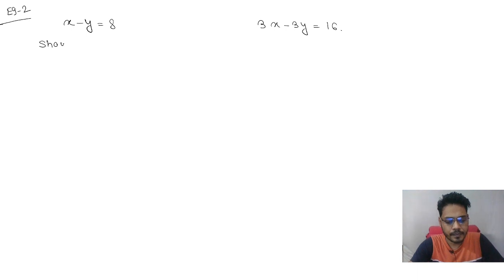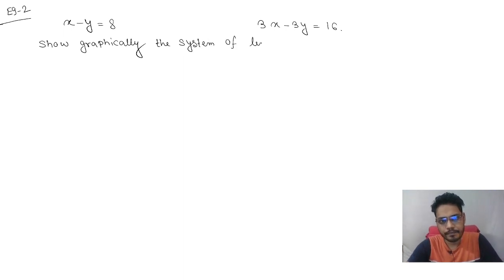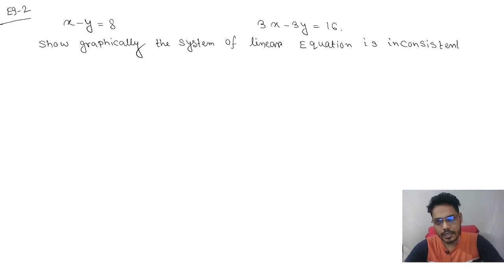Show graphically that the system of linear equations is inconsistent, or it has no solution.